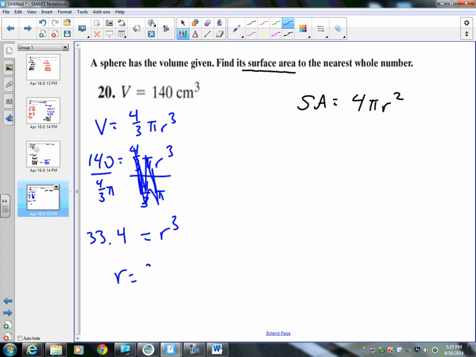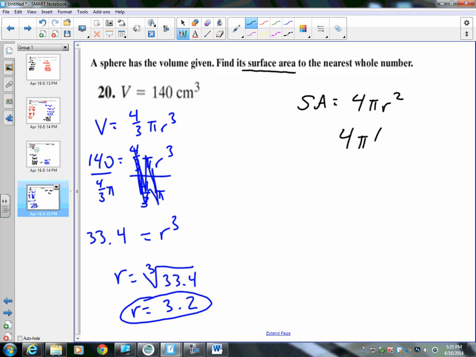R is equal to the cube root of 33.4. Cube root of 33.4 in the calculator gives us a radius of 3.2. This is not what we're looking for, but we need it in order to find surface area.